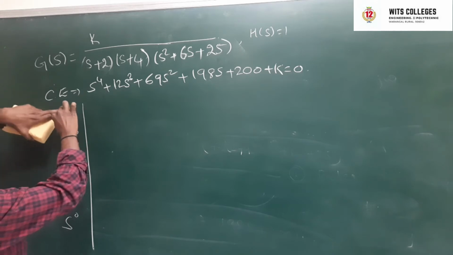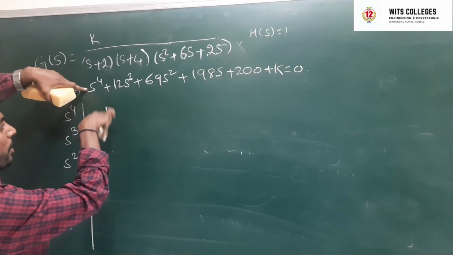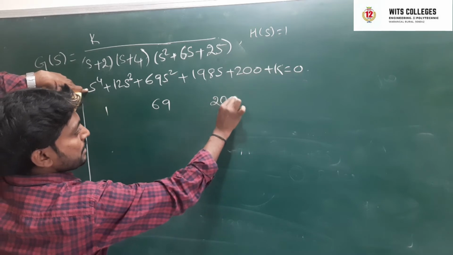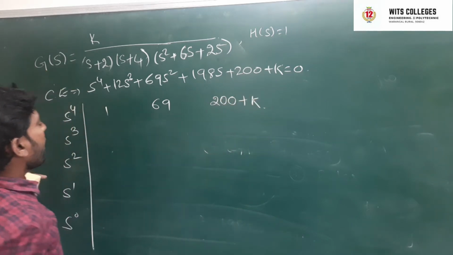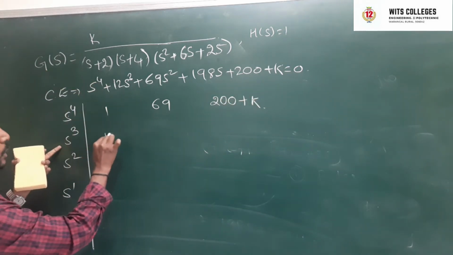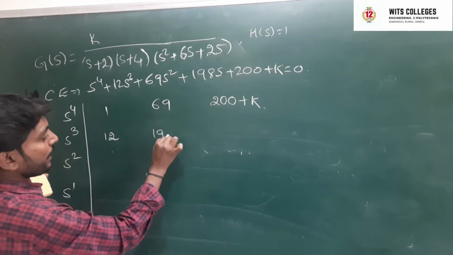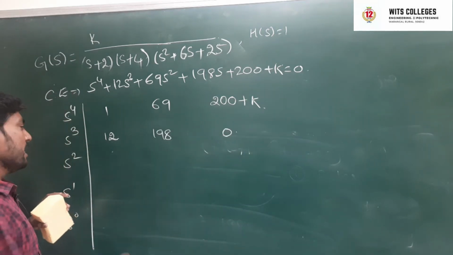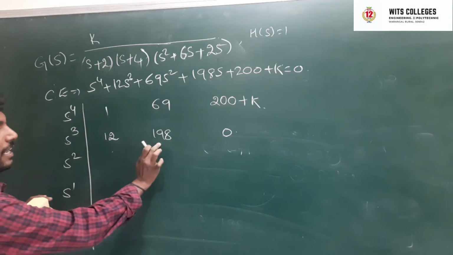Here s power 4 is even: 1, 69, 200 plus K. Next s cube is odd: 12, 198, and 0.